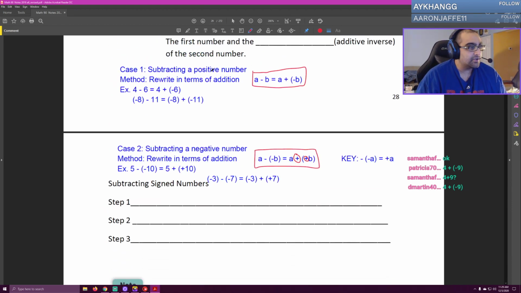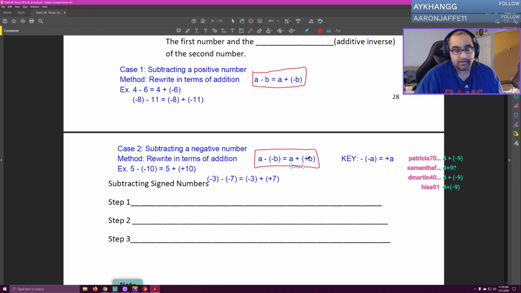You have to look at your cases. Make sure you have these written down, okay? The two things in the boxes here are two things that I highly suggest you have written down. A minus b being equal to a plus negative b, or a minus a negative b being a plus a positive b, just changing that sign there.